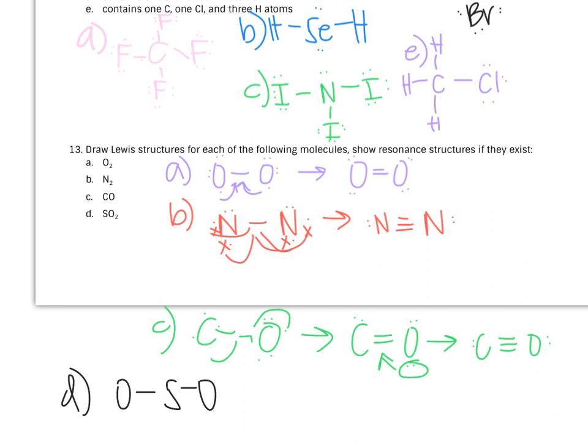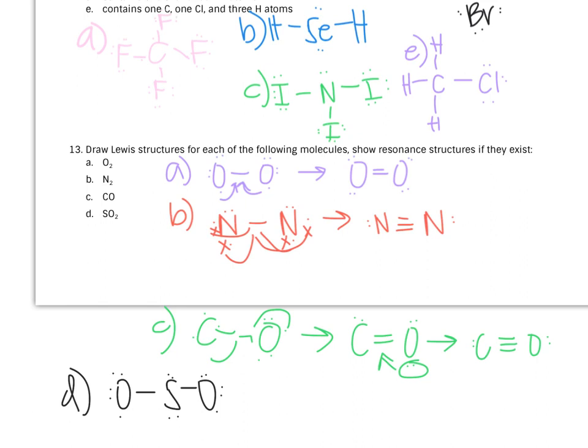So if sulfur's contributing 1 to each of those, and it has 2 left over, this oxygen would have 6 left over. Well, actually, it'd only have 5. 5 left over. And then also 5 over here.